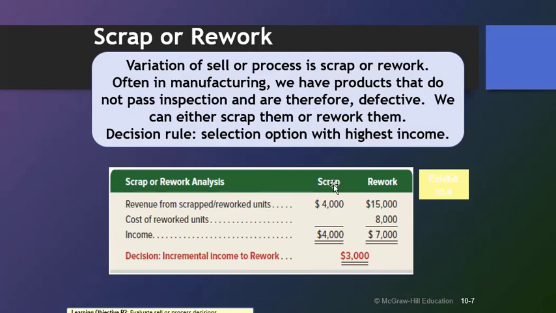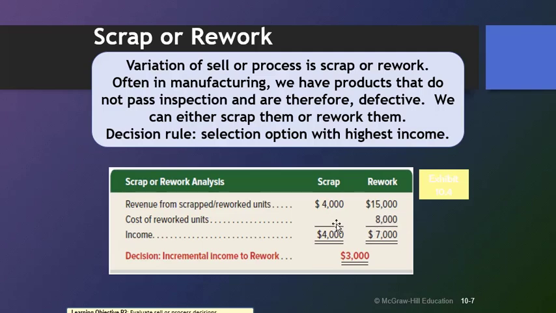So in this case, if we scrap them, let's say that we've got some person that's willing to give us $4,000 for the scraps. Maybe there's metal or something valuable that they can pull from the materials. If we rework the products, we could sell them for $15,000, but we're going to put an additional $8,000 in to fix them.